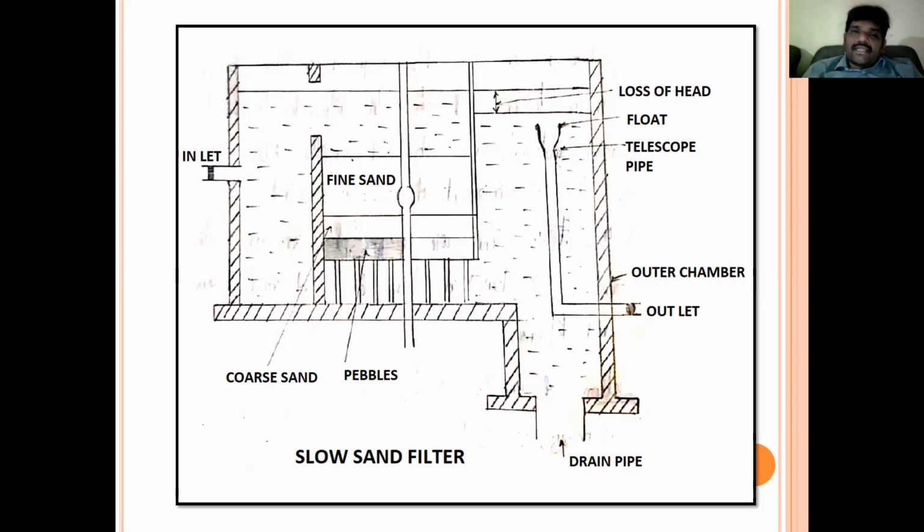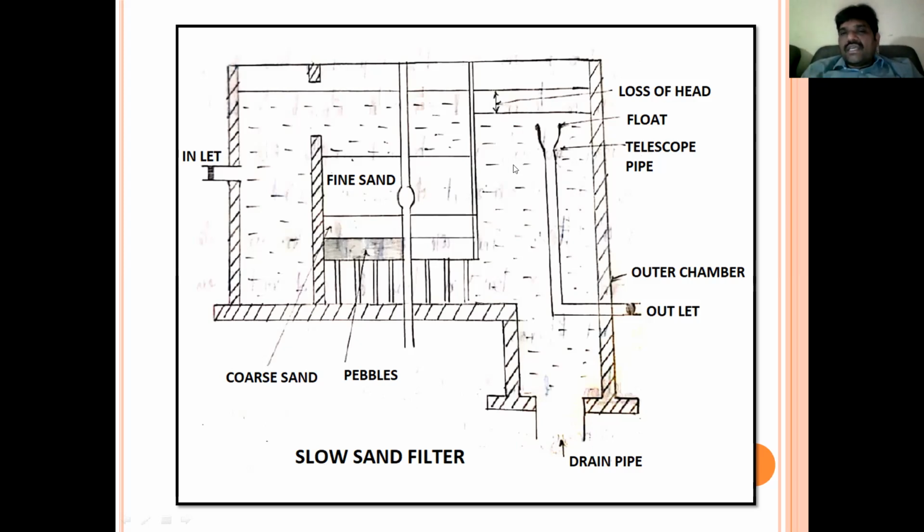What is loss of head here? The difference between the water level on the sand bed and the level in the outlet chamber. When the loss of head is increasing, it gives the information about the blockage of sand, as the water entry into the outlet chamber is reduced because the voids of the sand are blocked and not allowing water through.